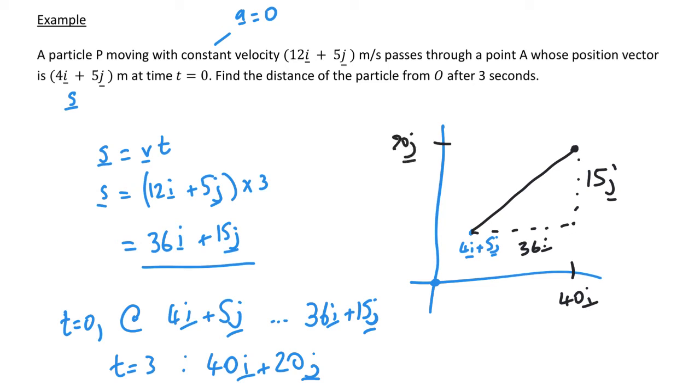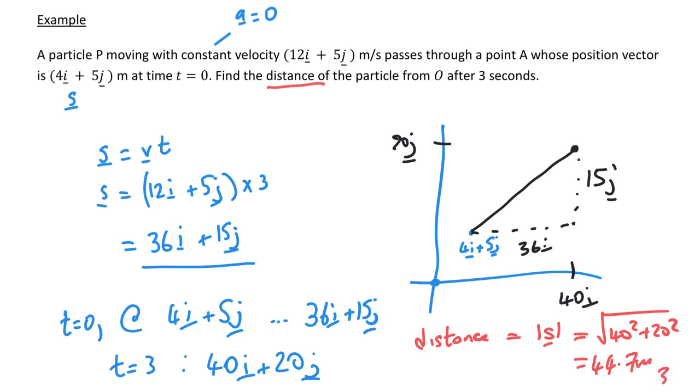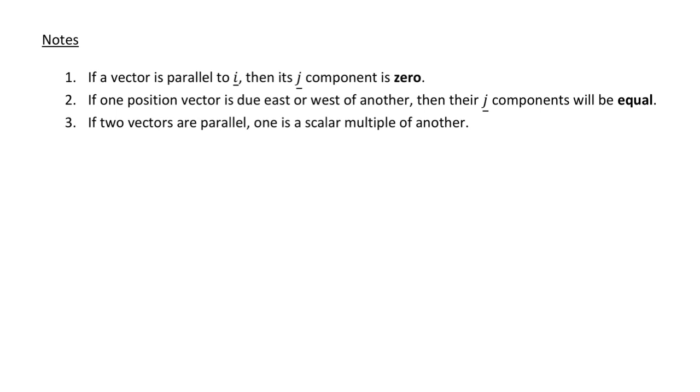So the position vector is 40i plus 20j. But what we were asked for was actually the distance. So to work out the distance, it's the magnitude of s, which is going to be the square root of 40 squared plus 20 squared, which is 44.7 meters to 3 significant figures.